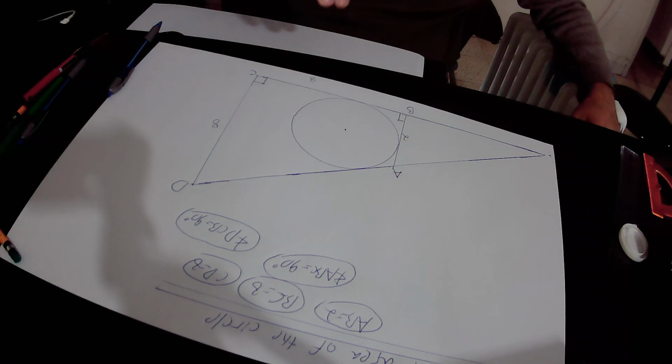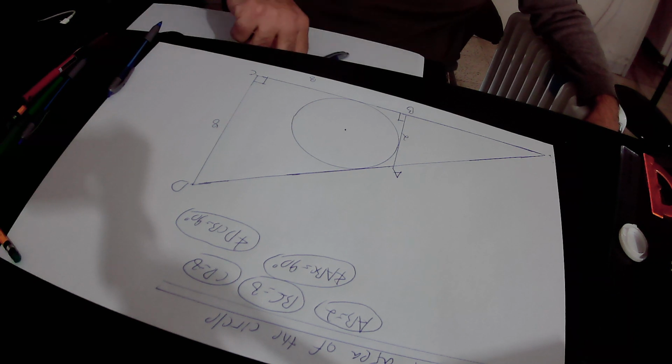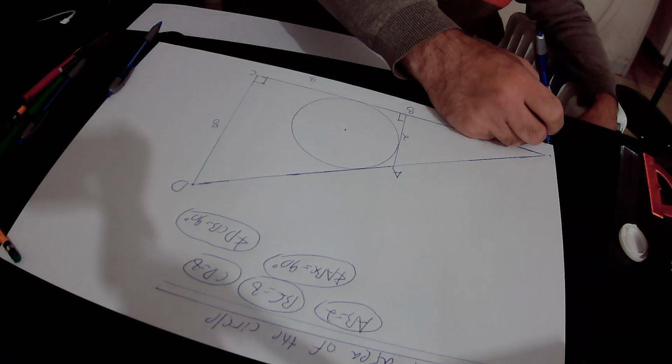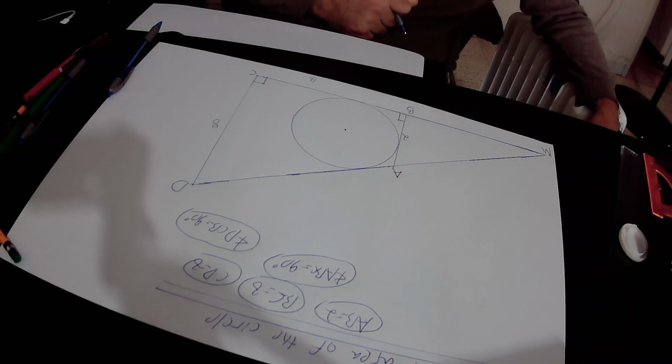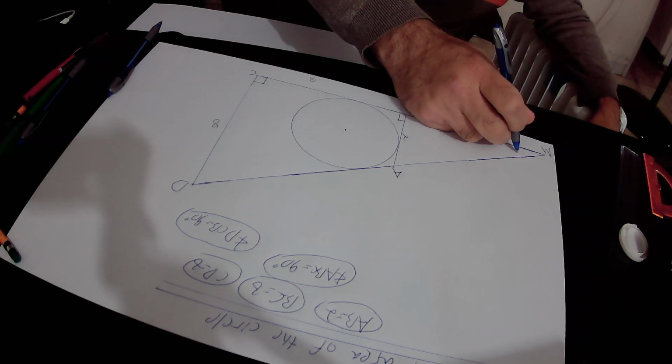We'll define the touching point between the extended DA and the extended CB as M. We'll define angle DMC, this angle, as theta.